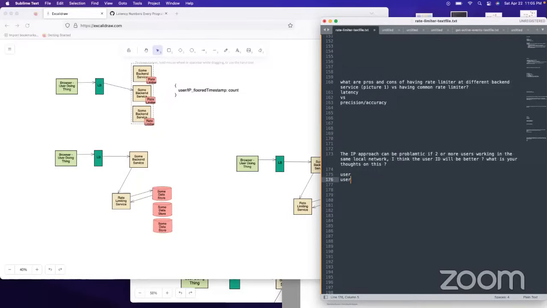If you're trying to prevent somebody from flooding your website with comments, user would probably be a good idea. If they spin up 20 different accounts though, and they're all working off of one IP address, that's another thing. You just want to specify with your interviewer what strategy you want to go with, depending on exactly what you're rate limiting.